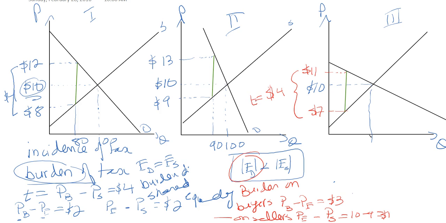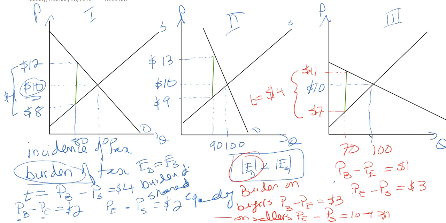Now here, because demand is fairly elastic, we see a significant drop in the equilibrium quantity. But more than that, what we see is that now buyers who are paying 11 were paying 10 before, so their burden is only $1. And the way we have drawn the graph, sellers were receiving $10 before the tax, and now they're receiving 7, so their burden is 3.